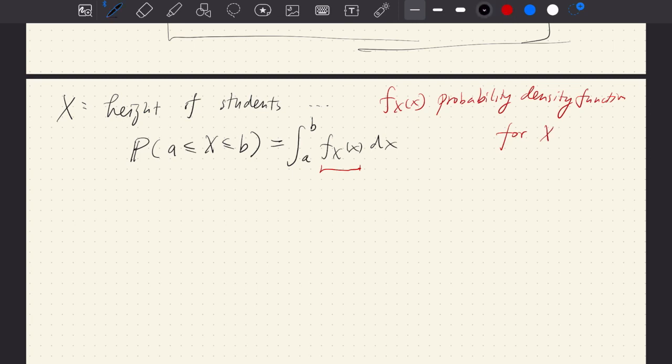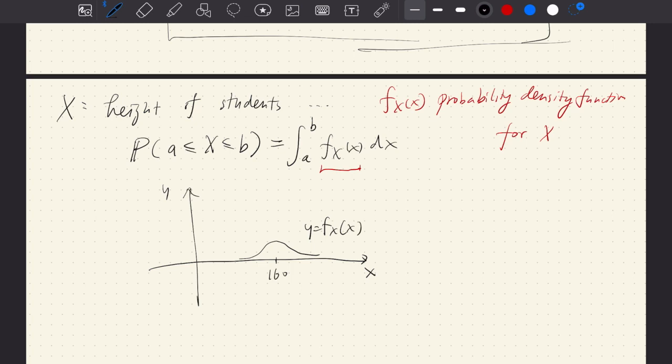So if you plot this probability density function on a Cartesian plane, for example, the height of students, maybe it should look something like this, and the average should be something like 160. Okay, so this is x, and this is y equals f(x).